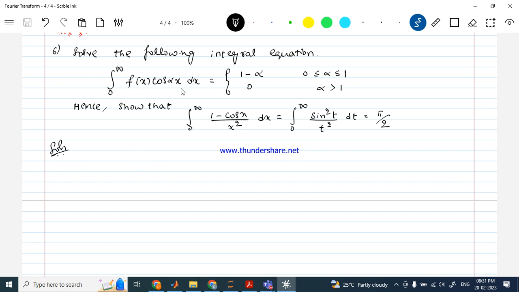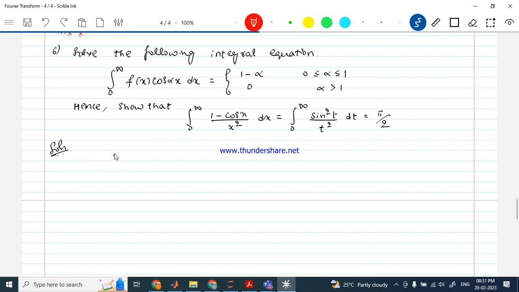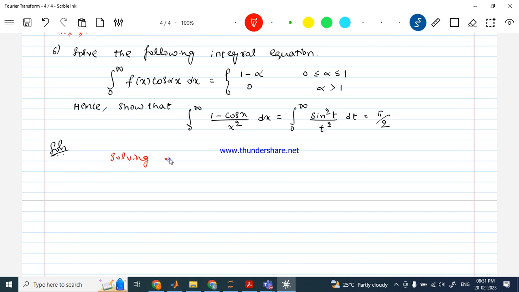So if you just observe this expression carefully. I have told you people already, solving an equation means finding the unknown. The unknown is always a function.